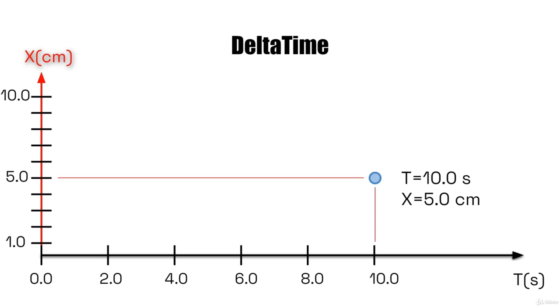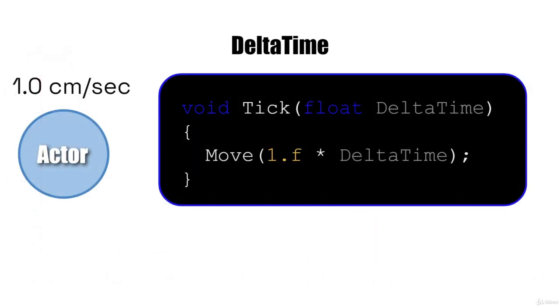But if we had moved our actor by 1 times delta time, then delta time being 2 would result in us moving the actor twice as much every frame, and the x-coordinate would have reached 10 by the 10-second mark, as expected. So by scaling our movement rate by delta time, we're scaling it by exactly the amount we need to give our actor a constant movement rate.